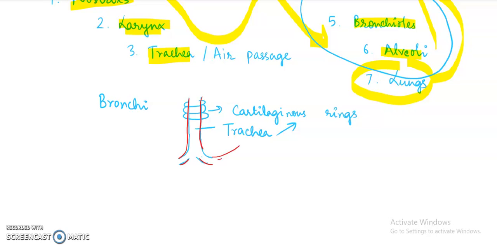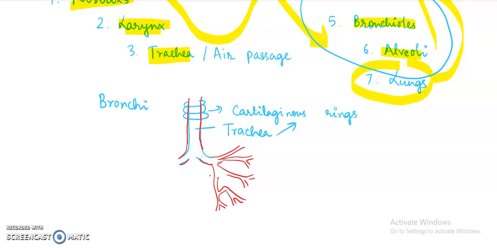Now these bronchi, on going further inside, break down into bronchioles. So here you can see that I am further breaking them into bronchioles. So bronchi will lead into bronchioles. Same thing will happen in the left lung, and same thing will happen in the right lung, right?